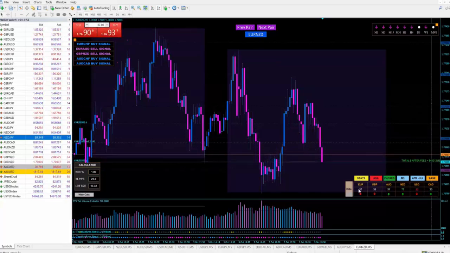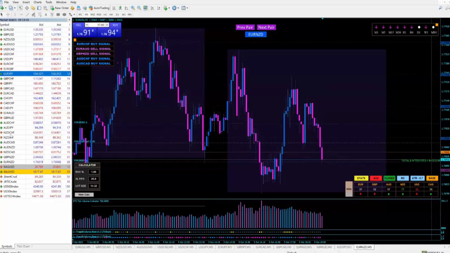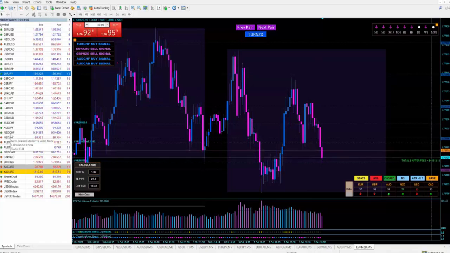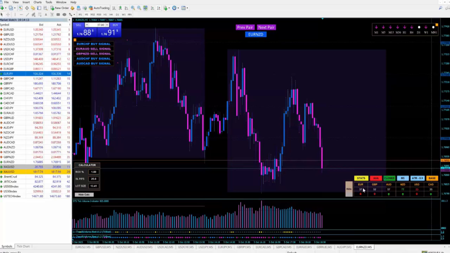So if we're looking at Euro pairs, we're looking at Euro USD, Euro CHF, Euro GBP, Euro JPY, right? It's taking all of those pairs, analyzing the direction of all of those pairs, and then it's providing the direction in a number, right? And I've defined what is bullish and what is bearish.